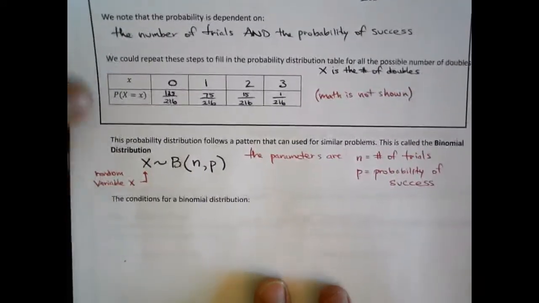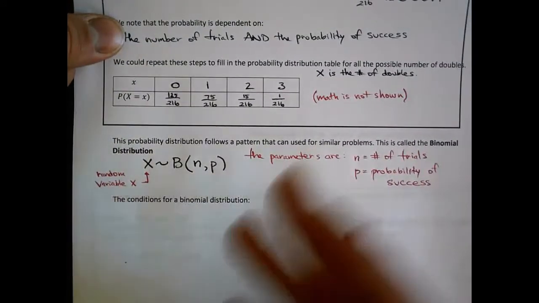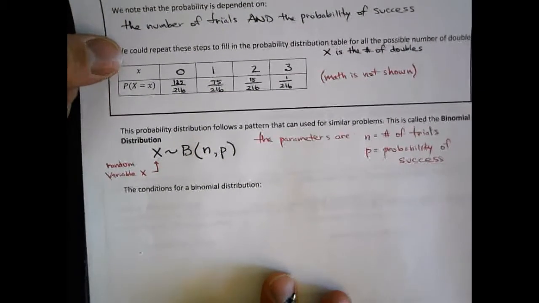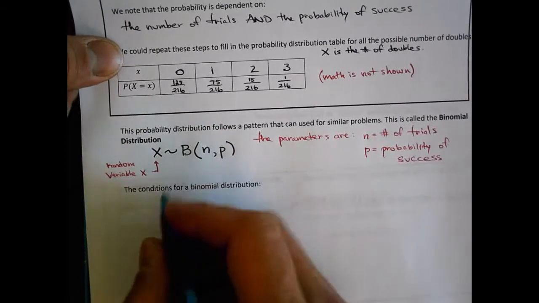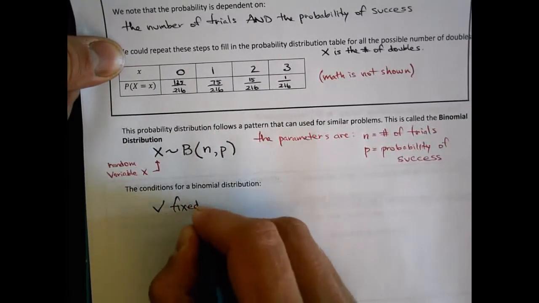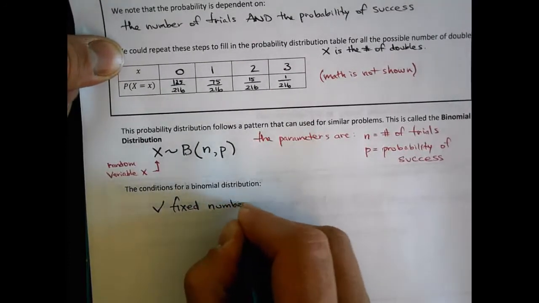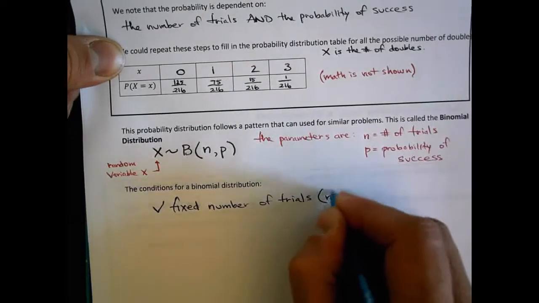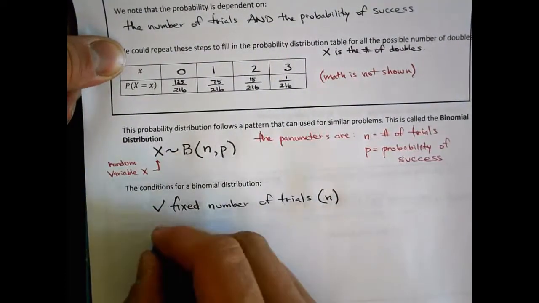For something to follow a binomial distribution, there's 4 things you have to look for. And you'll get better at looking for these, but I recommend to always be thinking of them. The first is a fixed number of trials. Again, in this case, I only threw my dice 3 times, so it was a fixed number of trials.